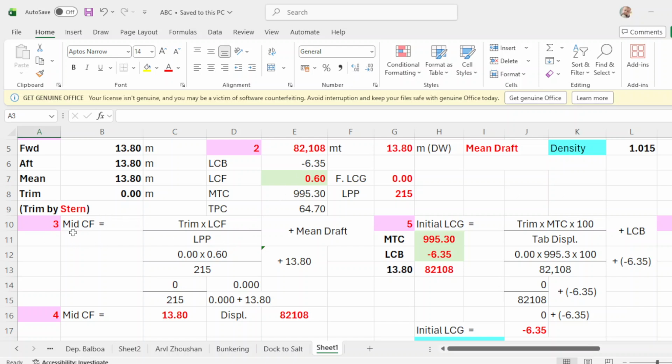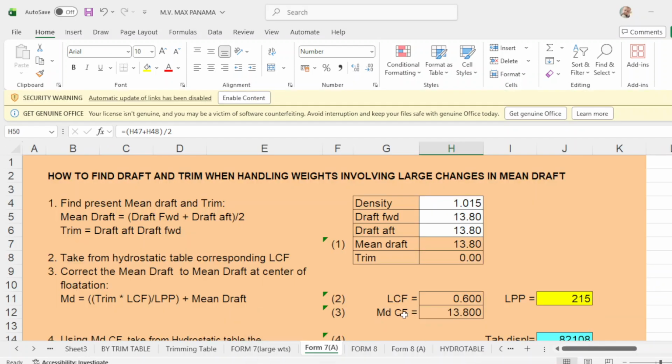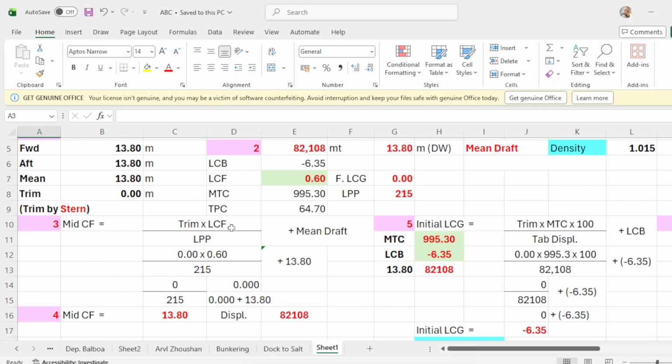So to get the mid center rotation, this is the formula: trim times LCF times LPP, and the resultant will be mid center rotation 13.08. And the program, which is number 3, this is the formula: mid center rotation is trim times LCF over LPP plus mean drop, which is this one, guys.